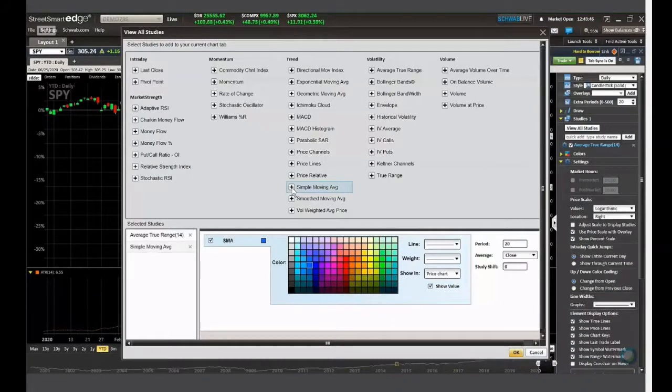So I'm going to go 1, 2, 3. This one I'm going to put in yellow. That's going to be my 20. This one I'm going to do in this very lovely aqua. Why? Because it's summertime, and if the pools were open, I might be swimming in them. And I'm going to do this one in red. This is my uh-oh line. 20, 50, and 200, the three most popular.